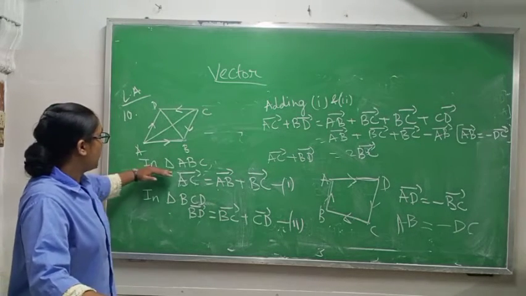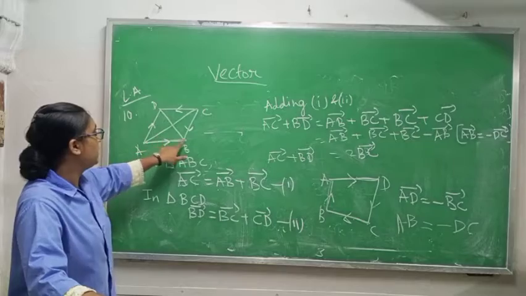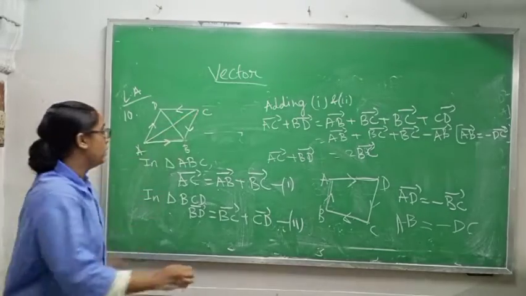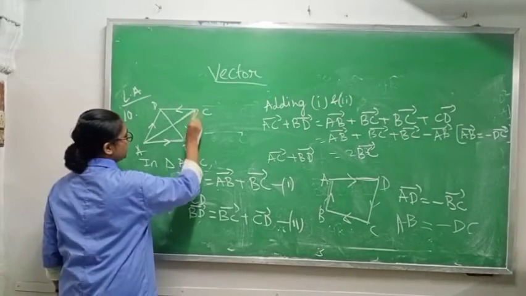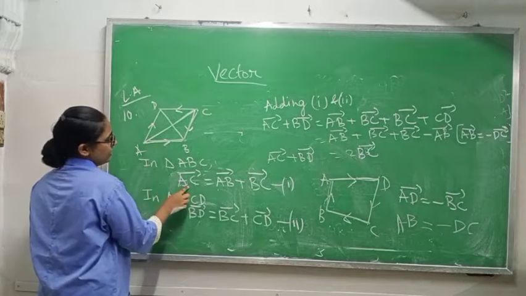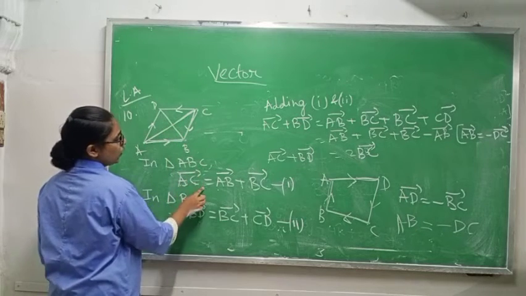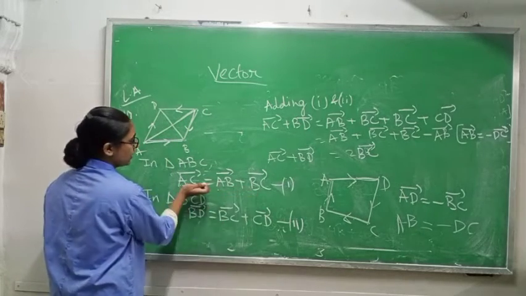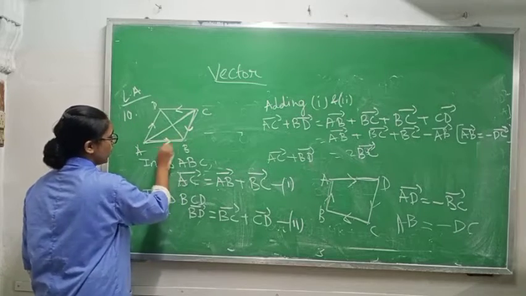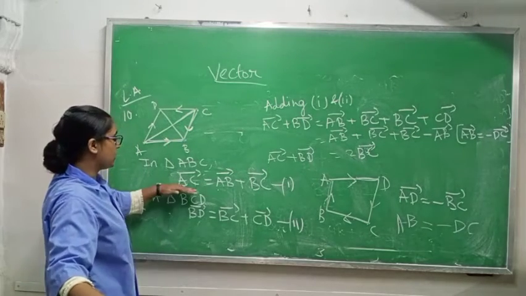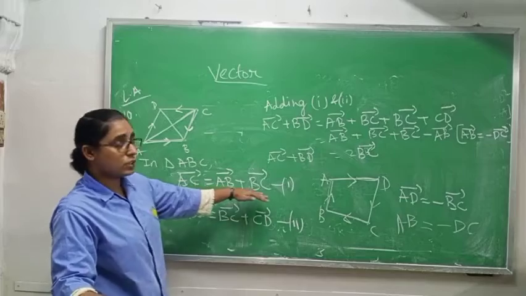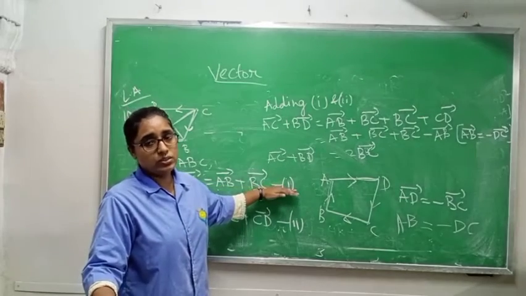I am taking triangle ABC. Okay, means this triangle I am taking. We know that diagonal AC vector is equal to AB vector plus BC vector. Diagonal is the sum of two sides of a parallelogram. So AC vector equals AB vector plus BC vector, equation 1.